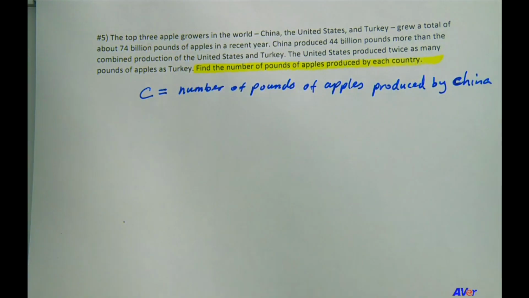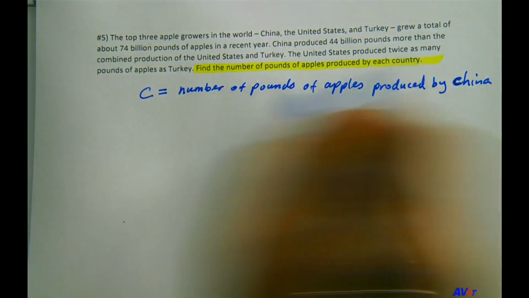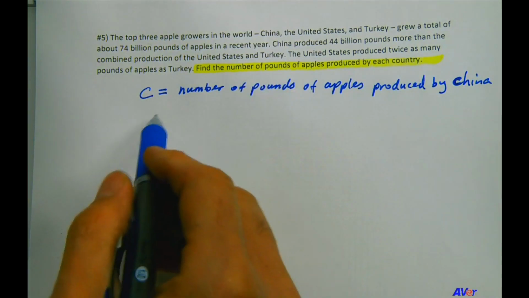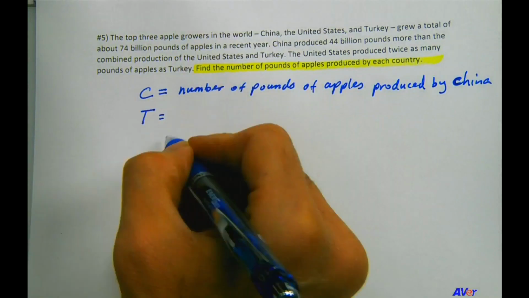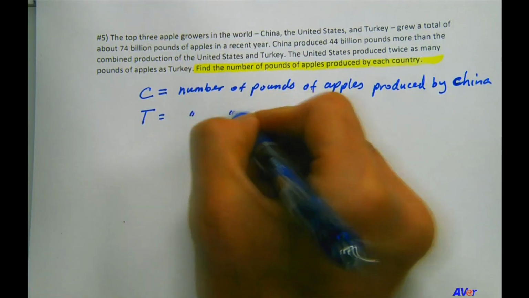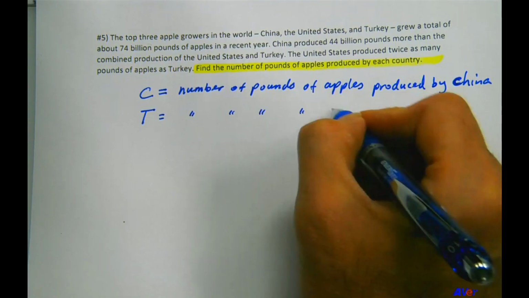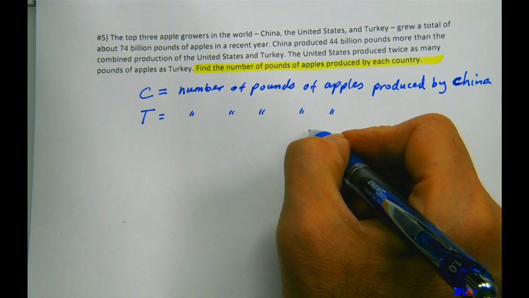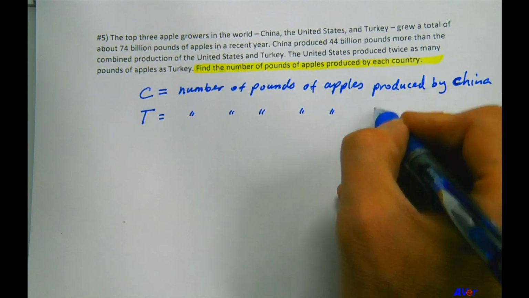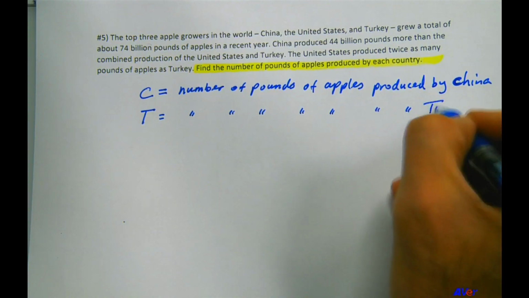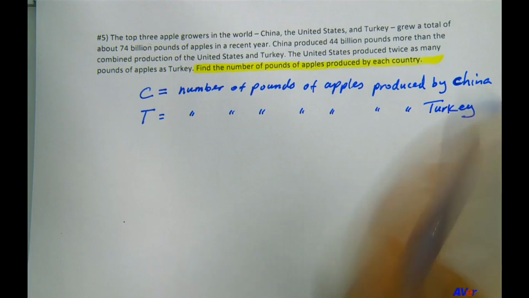Okay? So, for Turkey, let's assign the variable T. That would be the number of pounds of apples produced by Turkey.